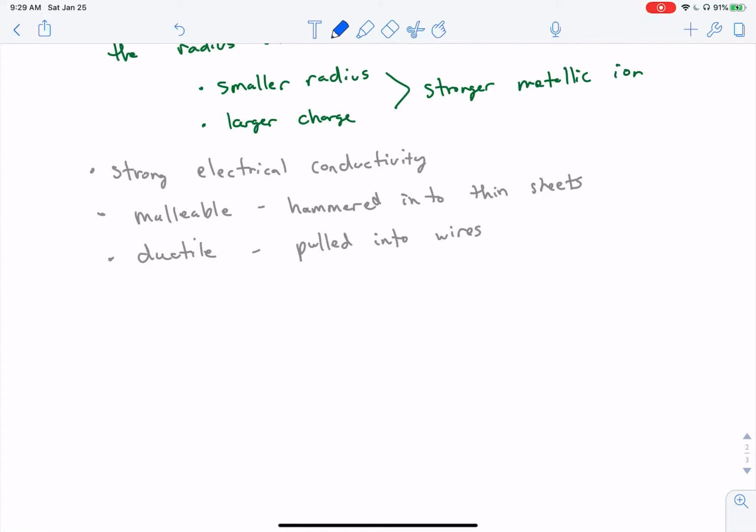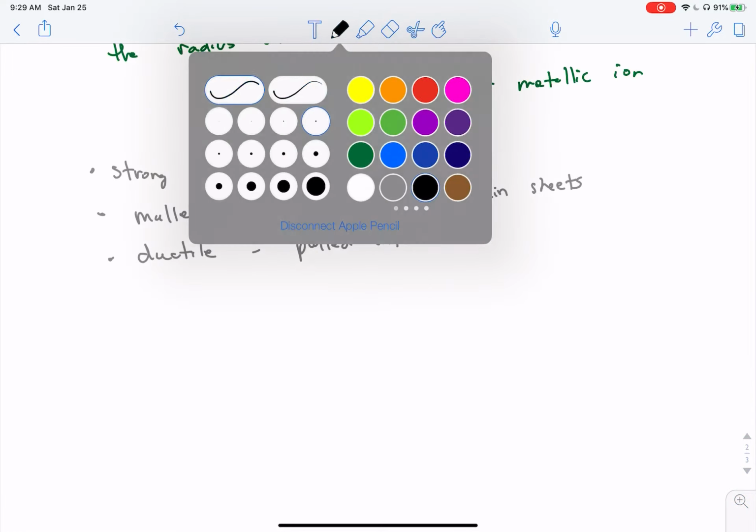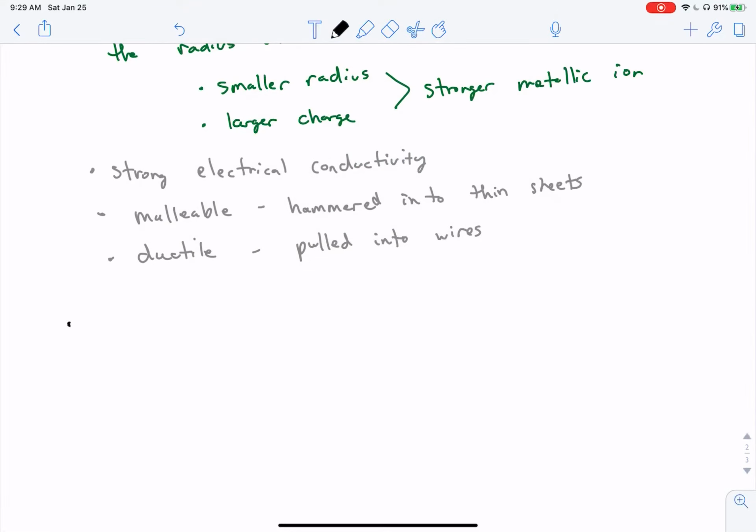Okay, one more thing about metallic bonding before we move on. Alloys, okay? An alloy is a mixture, the addition of an element to mix with a metal.